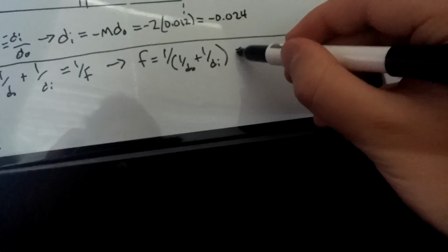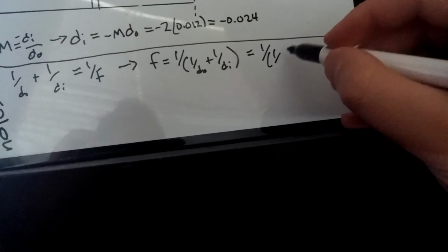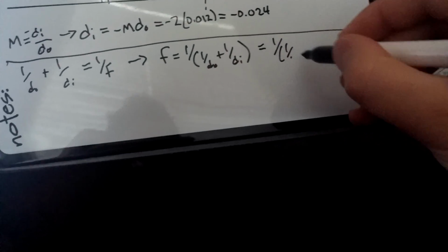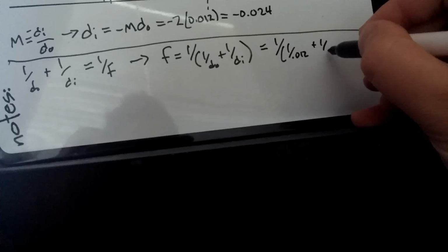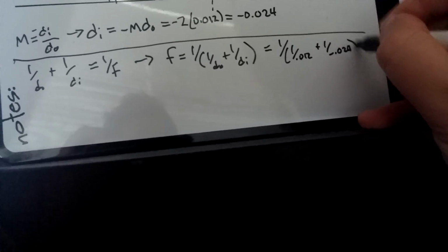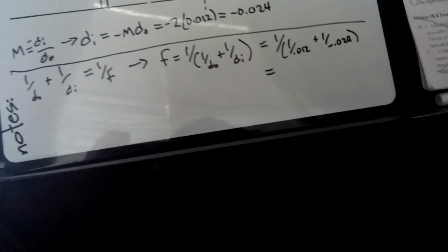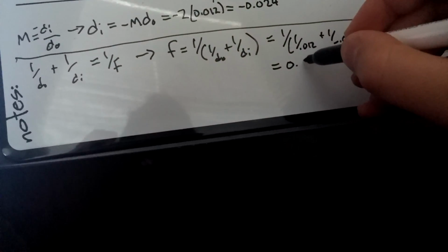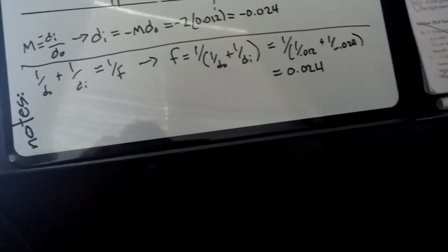So we plug in the numbers: 1 over 1 over 0.012 plus 1 over -0.024. And if we calculate that, we should get a positive 0.024. So positive 2.4 centimeters.